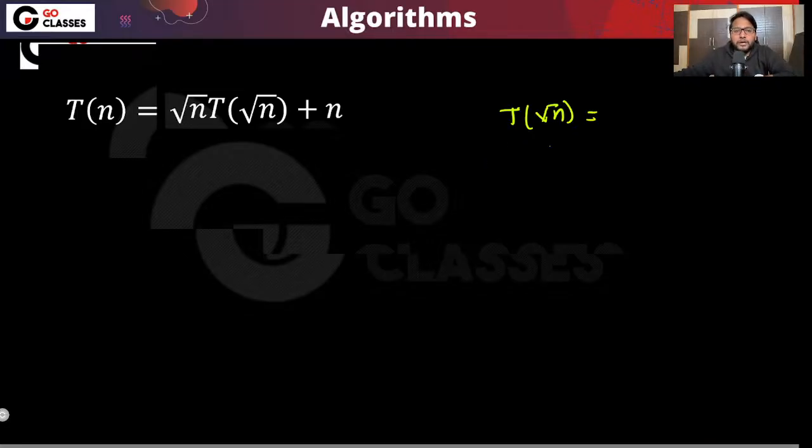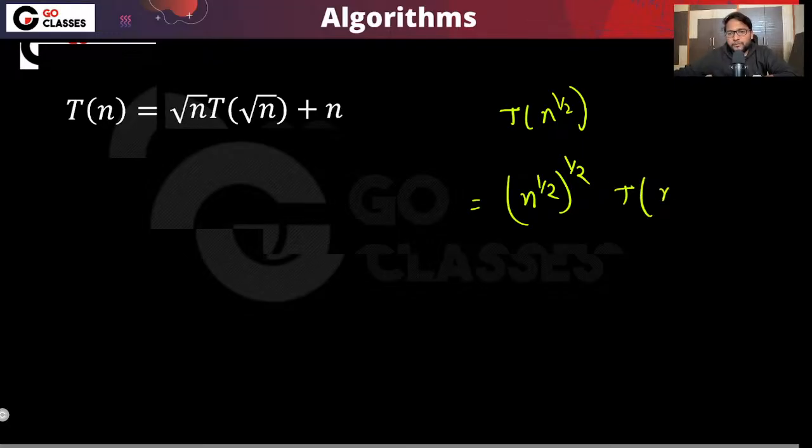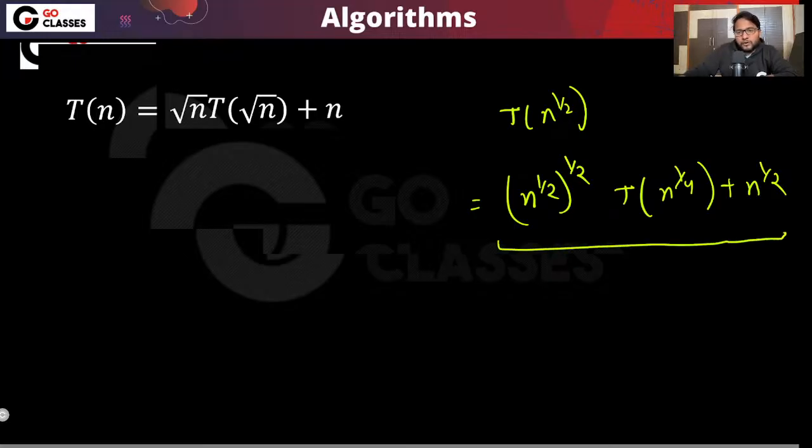It is going to be square root of n and then one more square root, which means if I just ask you what is the value of t of n power 1 by 2, then instead of n, it is n power 1 by 2 into the same thing, which is t of n power 1 by 4 plus this thing, right? So this is nothing but the whole thing is t of n power 1 by 2.